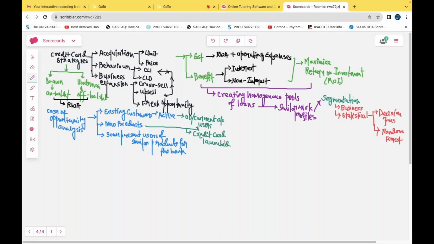So is this premise aligned to the discussions that we were having in the last class, Suchi? This is how the case of opportunity analysis is generally defined. Actually, in my bank they only sell credit cards, but I have also worked in other banks.